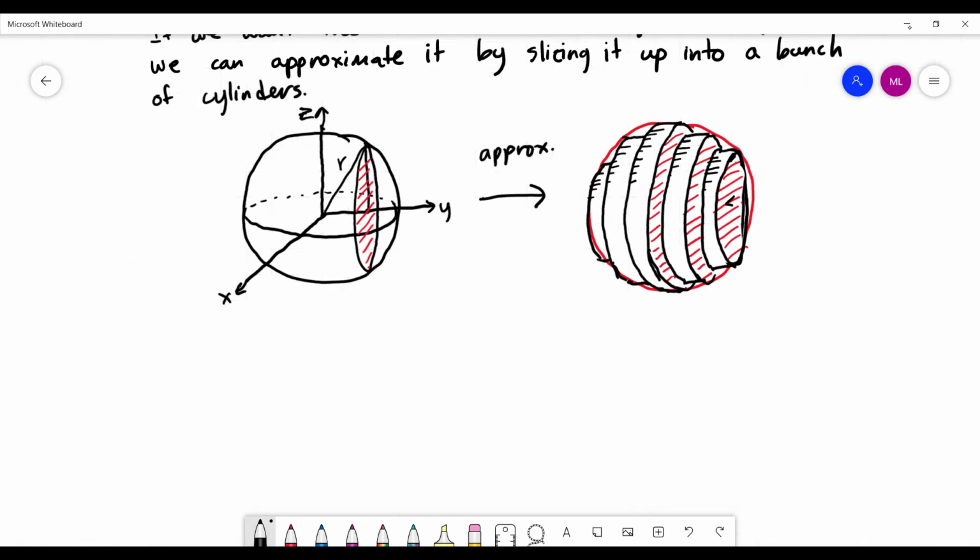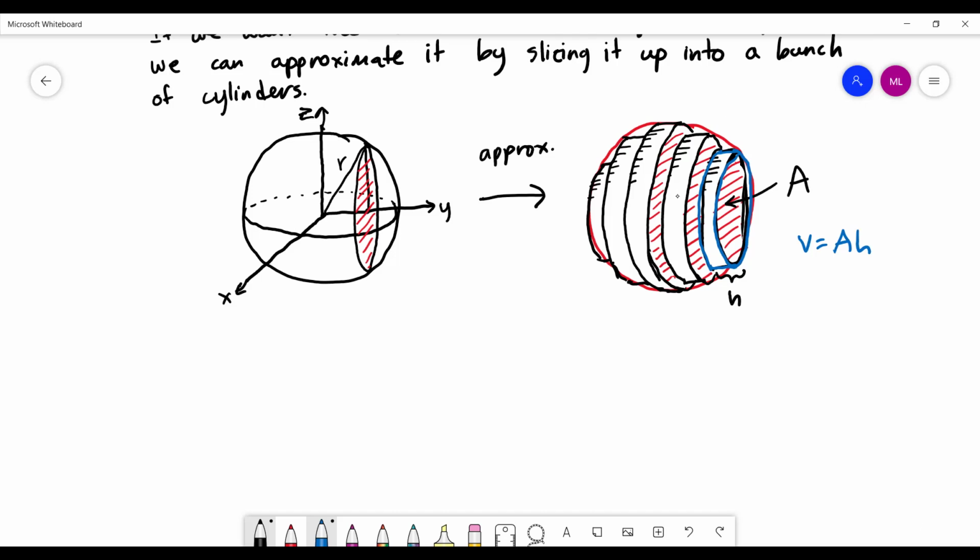So this face right here has an area of A, and here's our H, our little thickness of each cylinder. And that one little cylinder right there, maybe I'll make it in blue. Here's one little cylinder that we're using. That one little cylinder has a volume of A times H.